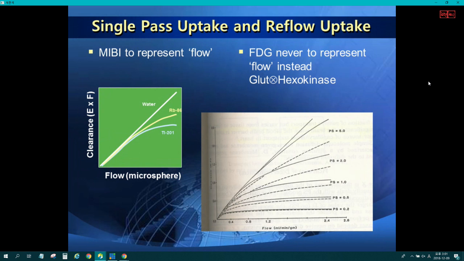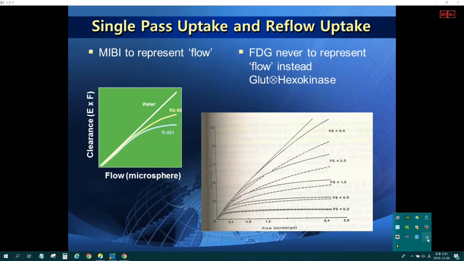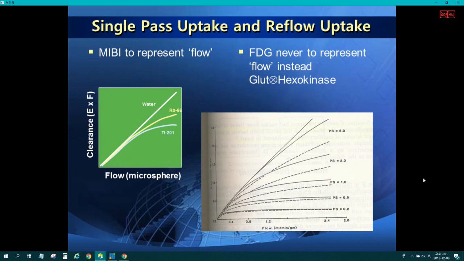Then why? Why does FDG not represent blood flow, and instead represents glucose transport activity convoluted, multiplied by hexokinase activity? It's everybody's knowledge. Even clinicians know that. Then why? It's based on this one. Here, that's permeability. The permeability surface product is too low.